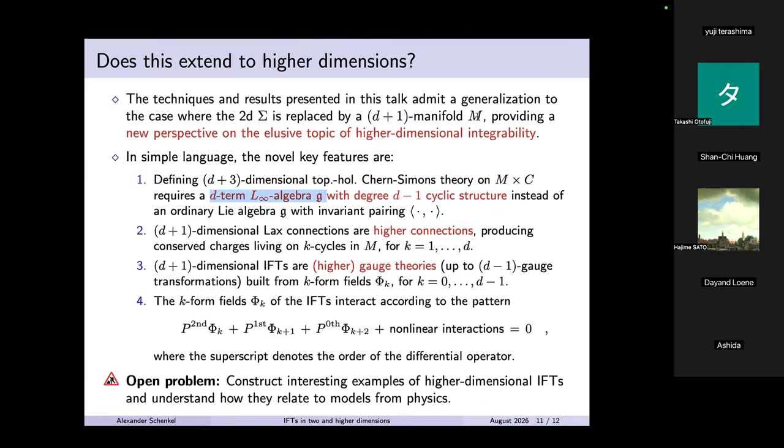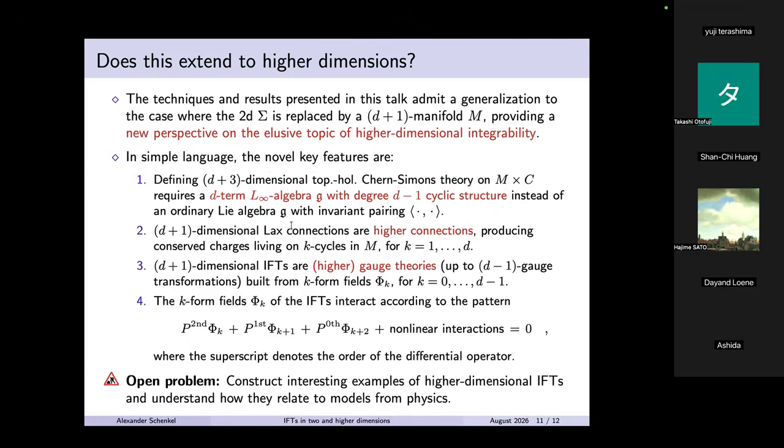You can have a 1-form on M valued in the 0 component of g, a 2-form on M valued in the -1 component of g, etc. So this notion of Lax connection is a higher connection, meaning that it's a 1-form component, 2-form component, etc., satisfying a flatness condition. The flatness condition is the Maurer-Cartan equation for the de Rham complex on M times g.